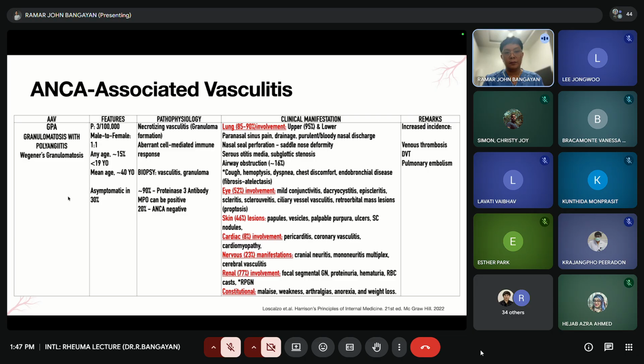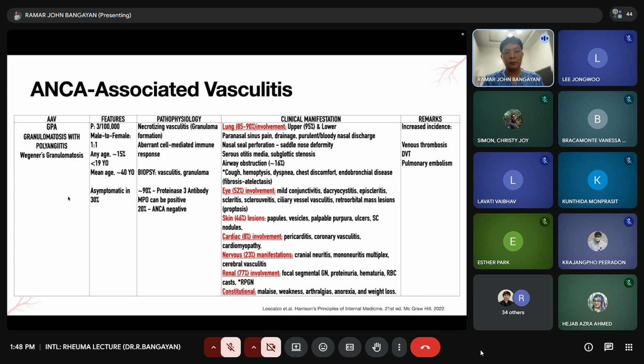All of the biopsy results of this small vessel ANCA-associated vasculitis show the presence of leukocytoclastic infiltration. So 90% of the time, GPA has a presence of PR3 antibody. What is PR3 again? That is your CANCA, right? So CANCA. But MPO can be positive, and 20% of the time, ANCA can be negative.